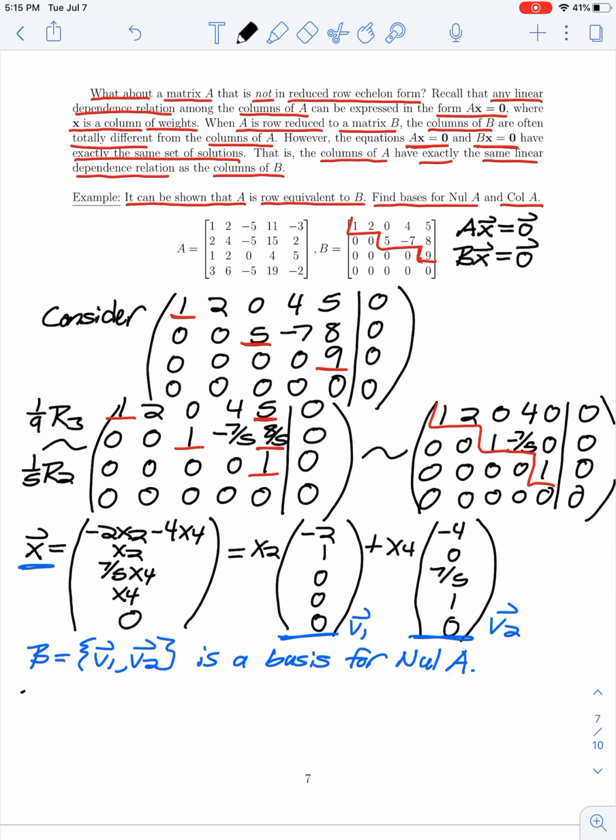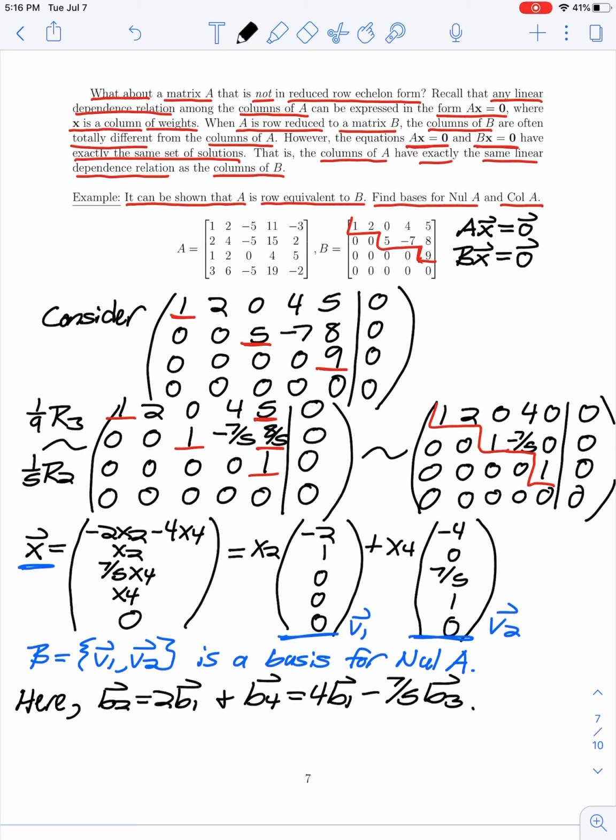So in particular, for this example, we can say that B2, our second column vector, is equal to 2 times B1, and B4 is equal to 4 B1 minus 7/5 B3.